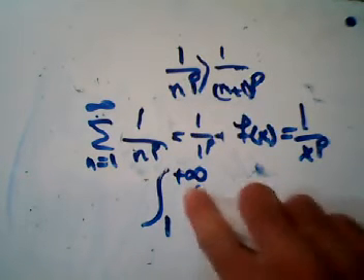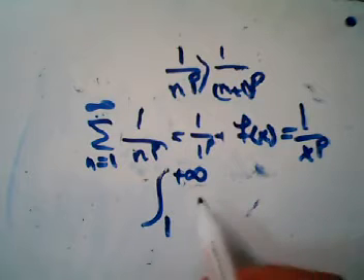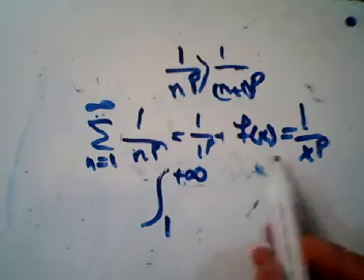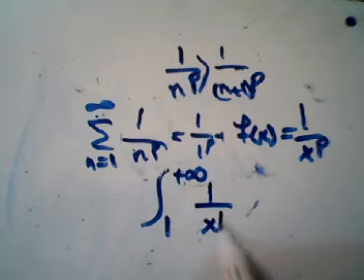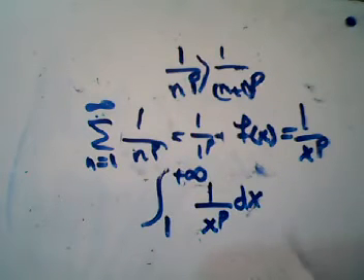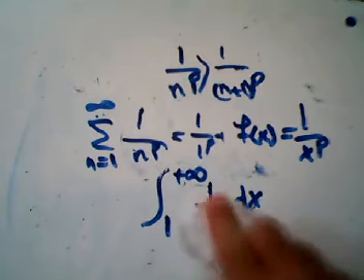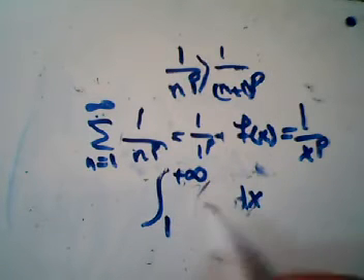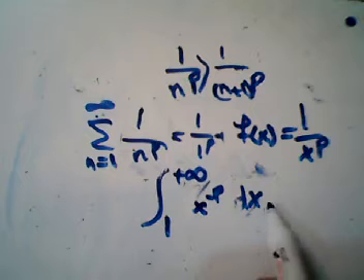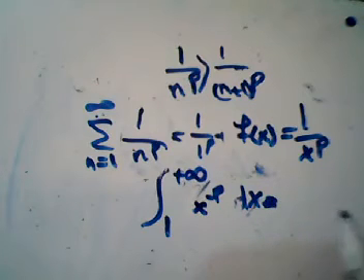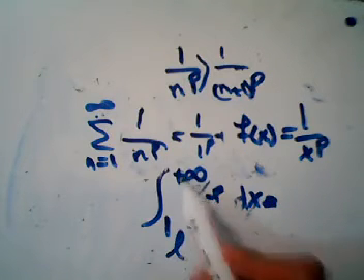Then we should calculate or check whether this integral exists or not. This is the integral of 1 over x to the power of p dx. What is it? It is x to the power of minus p, which equals the limit, because we got infinity here.